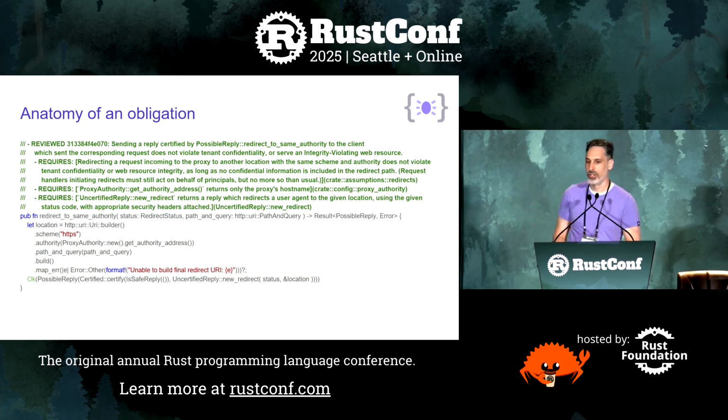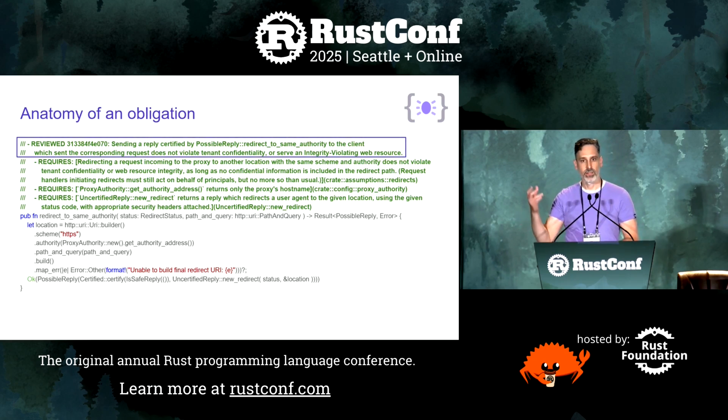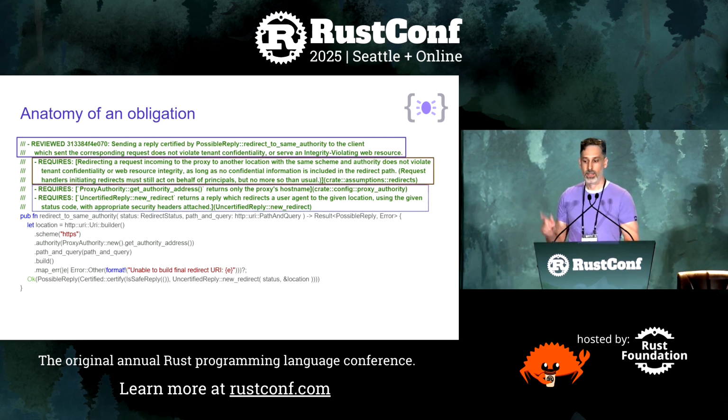We've got a sample function up there, and at the very top, we have the obligation, basically the conclusion about what is the thing that this software is responsible for maintaining. And we also have the commit hash of the last time that this block of code was reviewed. This specific obligation actually depends on one assumption and two obligations in other parts of our code base.